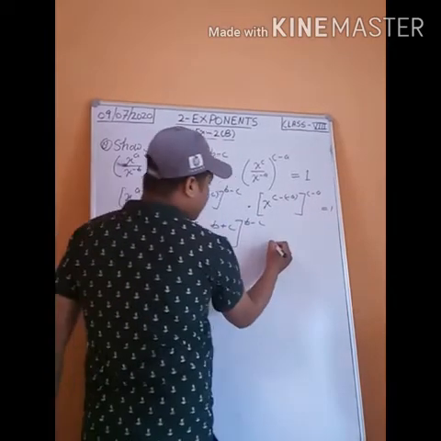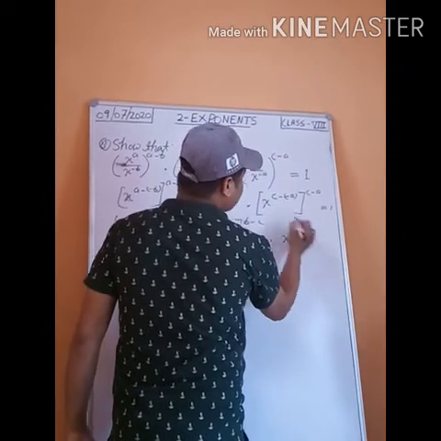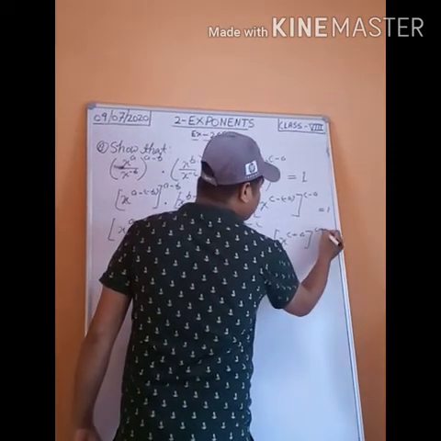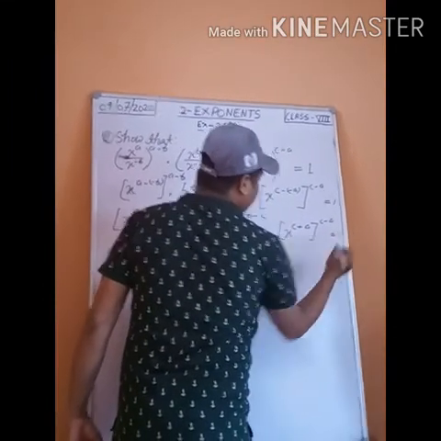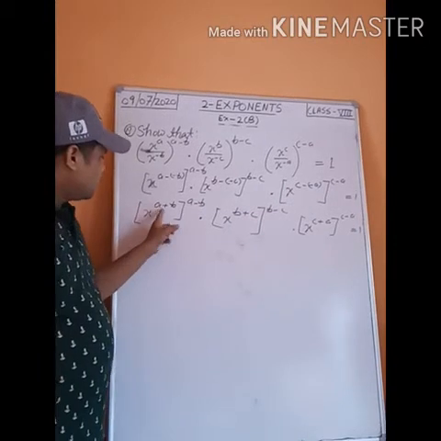Then multiply x raised to the power c plus a, then whole power c minus a is equal to 1. Now we will multiply these powers.